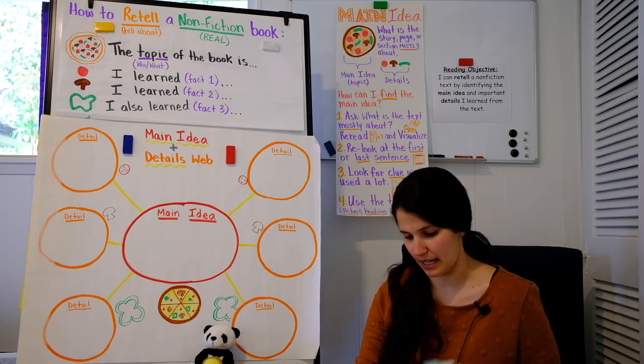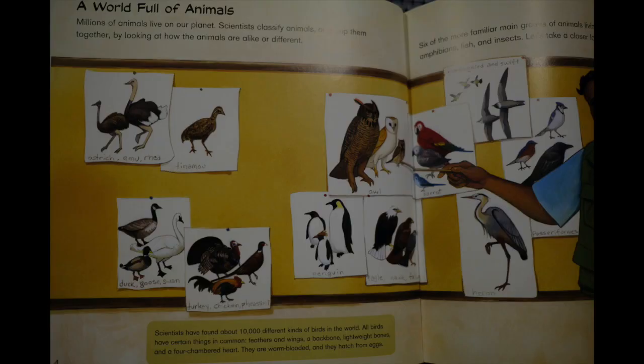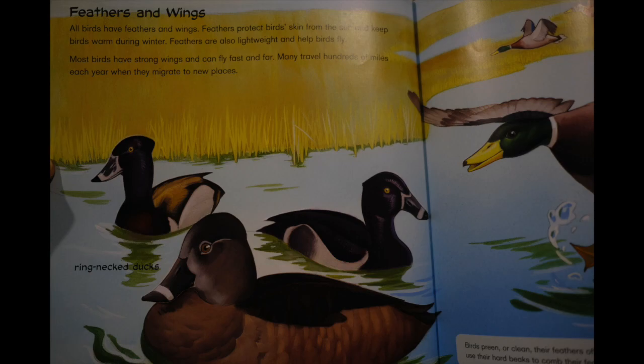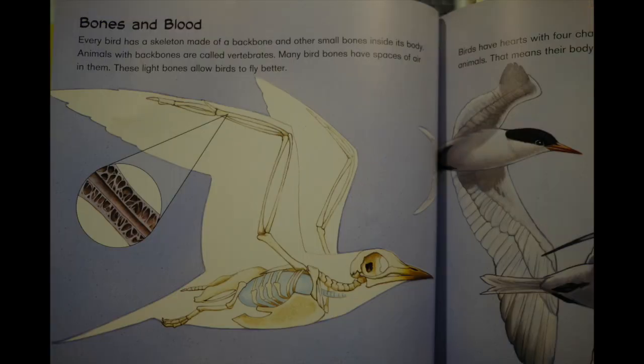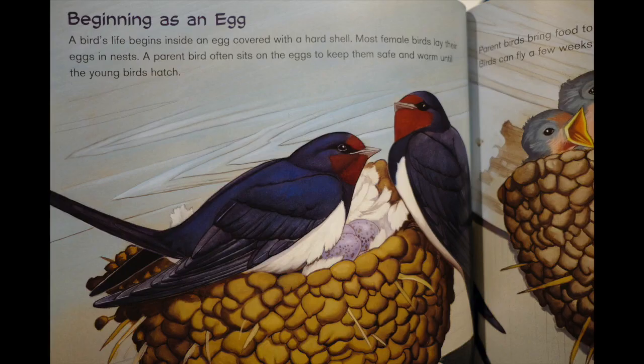So we have a world full of animals. This page was talking about feathers and wings. Oh yeah, this page talked about bones and blood. That they are warm-blooded, they have air in their bones. Oh, beginning as an egg.